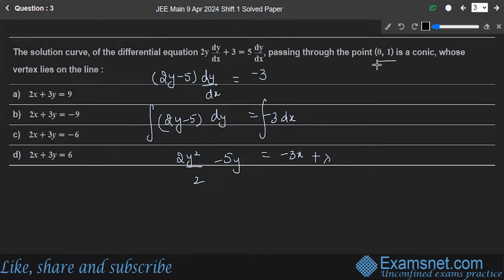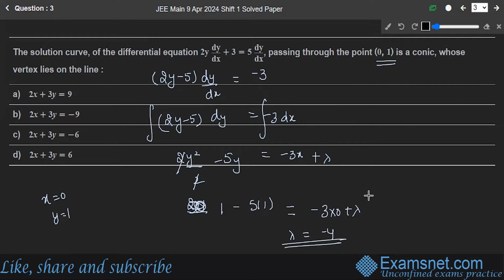Now you are given that the curve passes through (0, 1). That means when x is equal to 0, y is equal to 1. So this will be equal to 2 into 1 upon 2, or this will cancel, so this will simply be 1 minus 5 into 1 is equal to minus 3 into 0 plus lambda. So we will have the value of lambda as minus 4.